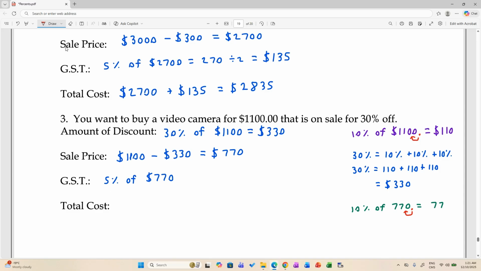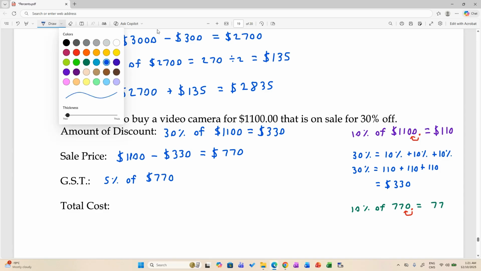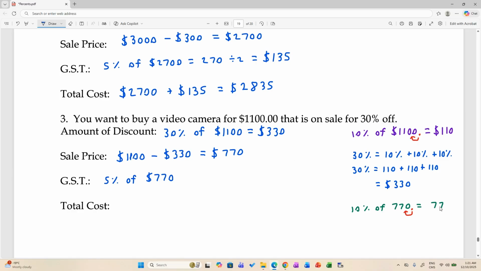Great. I found 10% of a number. GST is 5%. So if 10% is 77, 5% should just be 77 divided by 2. And 77 divided by 2 should be, okay, let's see. Well, 70 divided by 2 is 35. 76 divided by 2 is 38.